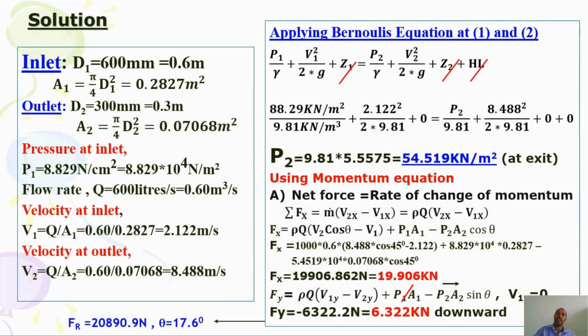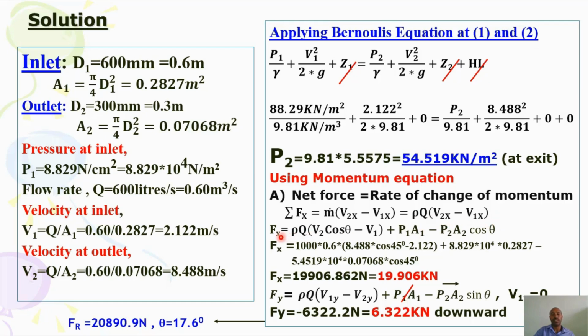So what will happen? Now, the summation of force in x is equal to m dot, which is the mass flow rate, times V2x minus V1x. The mass flow rate is the density of the fluid times the flow rate, then V2x minus V1x.